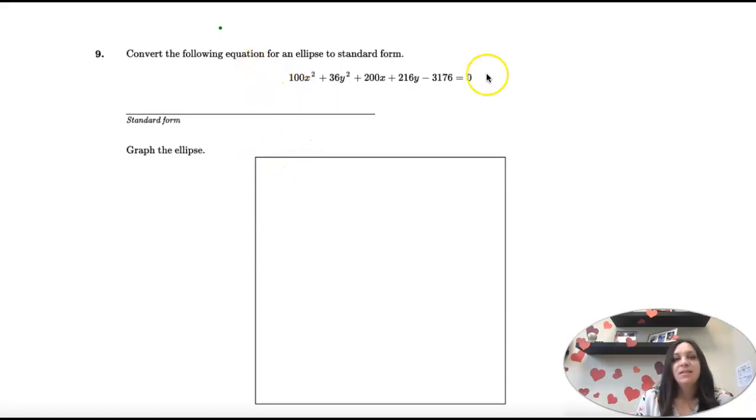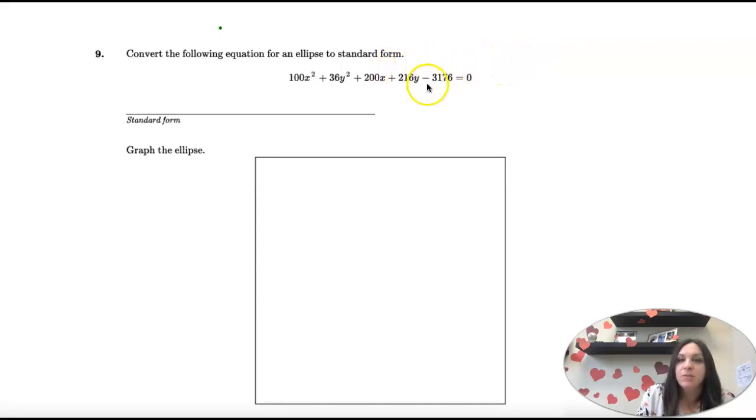So number 9, we have this equation with x squared and x and y, but it is not in standard form for an ellipse. Okay, so first things first, I'm going to get my x's together and my y's together. And then an ellipse equation always equals 1.